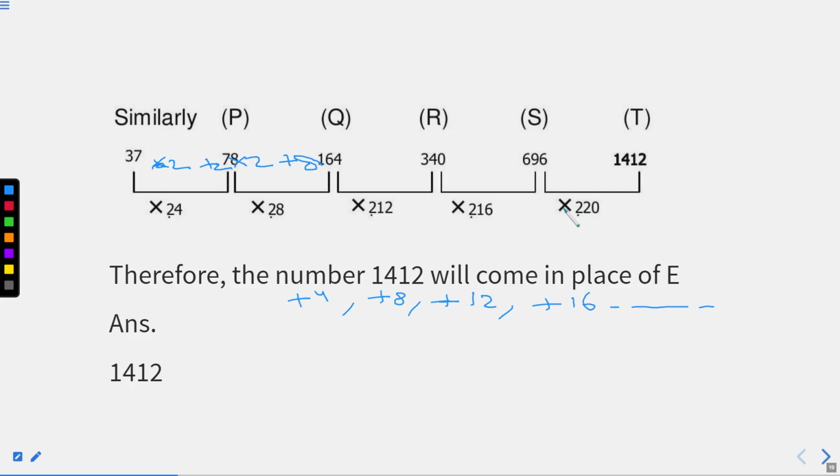So here you can see multiplied by 2 plus 20, here multiplied by 2 plus 16, here multiplied by 2 plus 12, here multiplied by 2 plus 8. In a similar manner, we are following the same sequence, and we'll get to our answer, which comes out to be 1412.